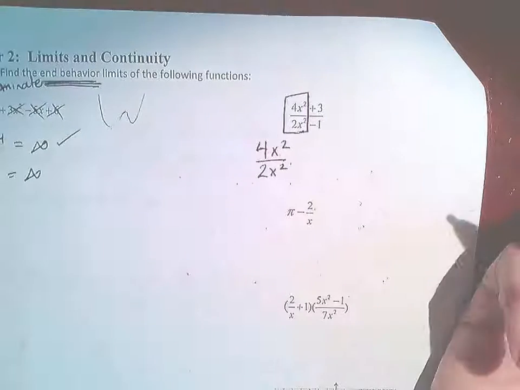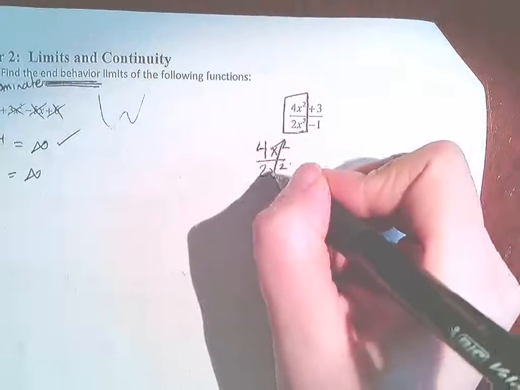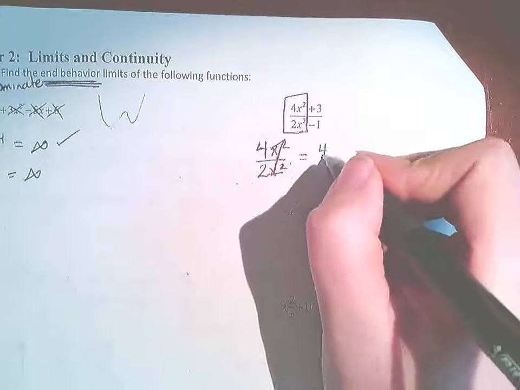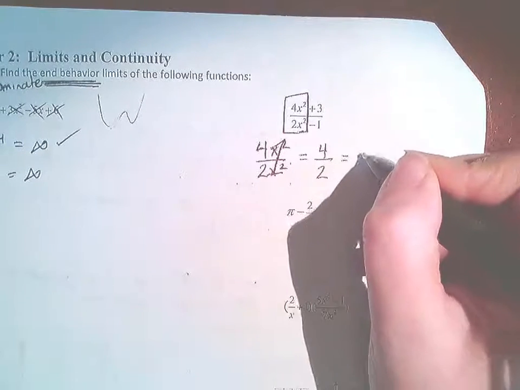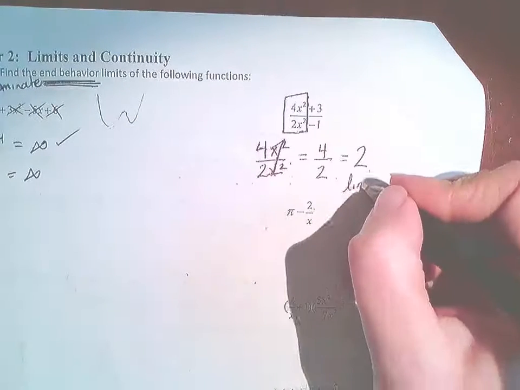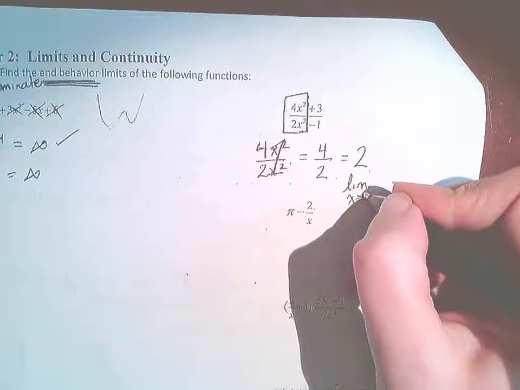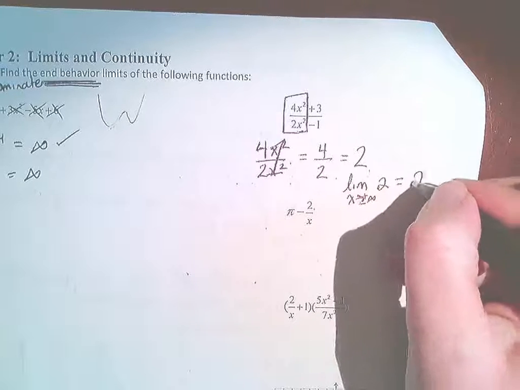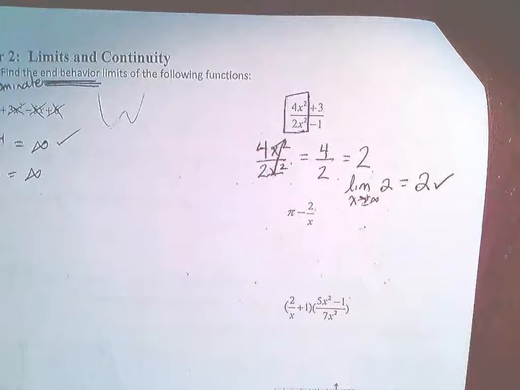And right off the bat, what do you notice happens? That becomes a 1 because they divide into each other. So we're left with 4 over 2, and that is the 2. So really, the limit as x approaches infinity from left and right is 2. And that's it.